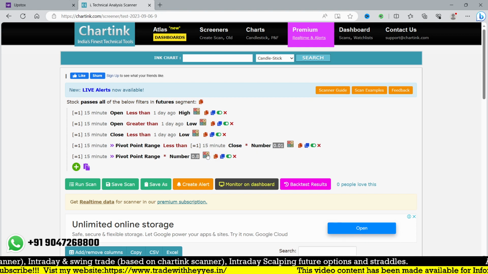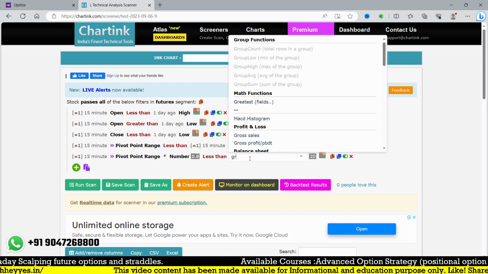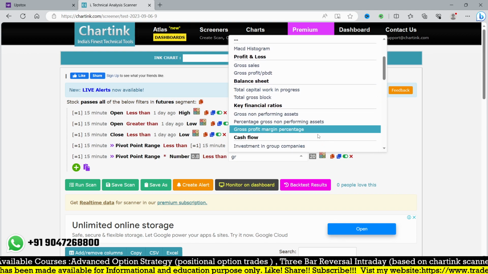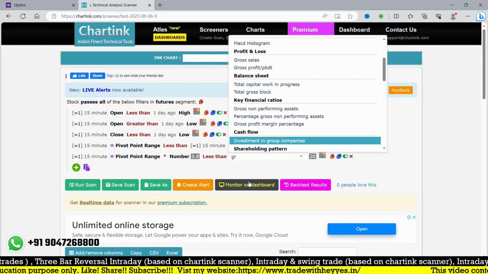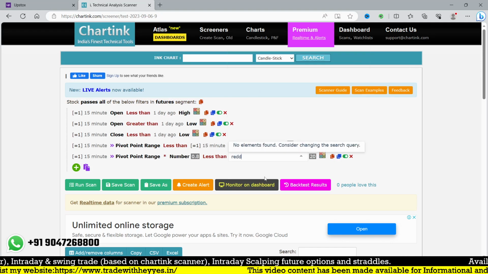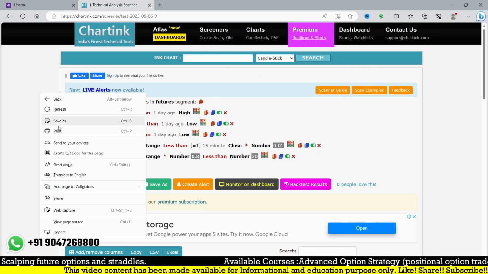Okay, that means less than. So green candle. Wait a moment.